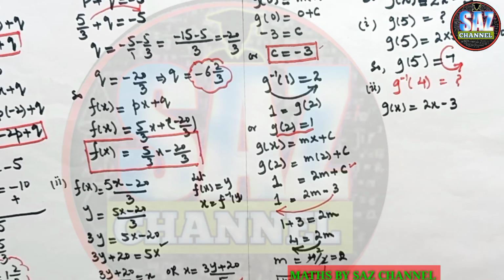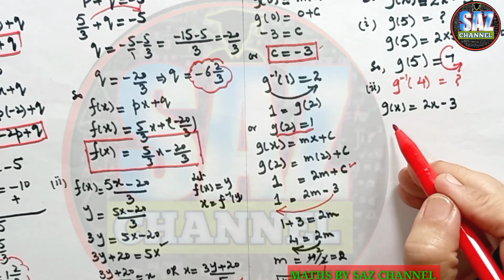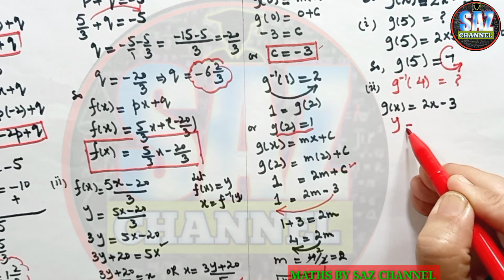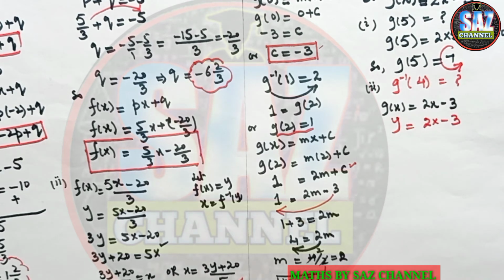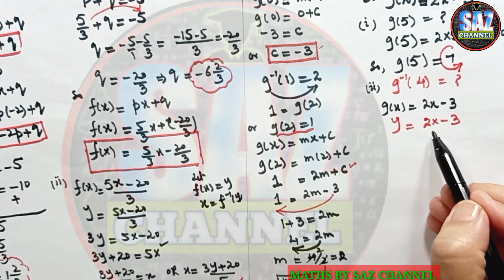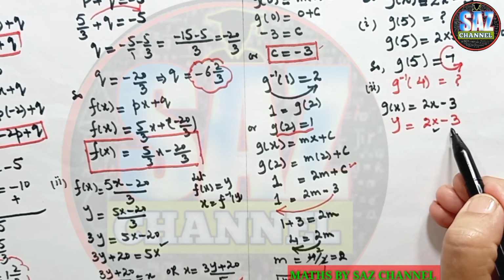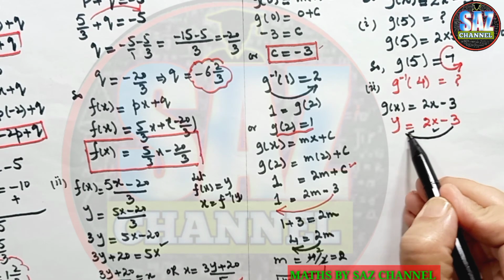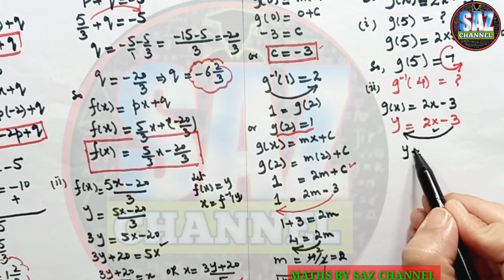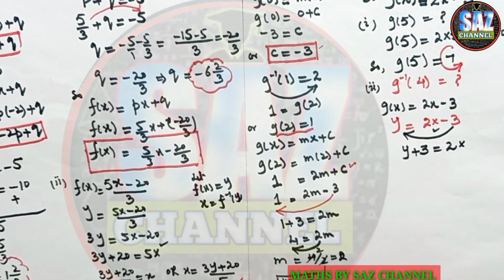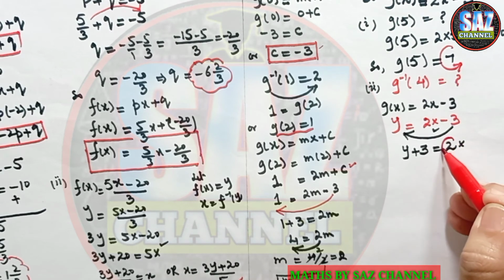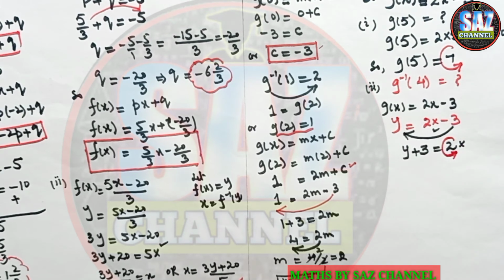Now instead of g of x, I will replace y equals 2x minus 3, and after that I have to make x the subject of the formula. This 3 is extra, shift it to the other side. y plus 3 equals 2x. Now this 2 is extra, shift it to the other side.